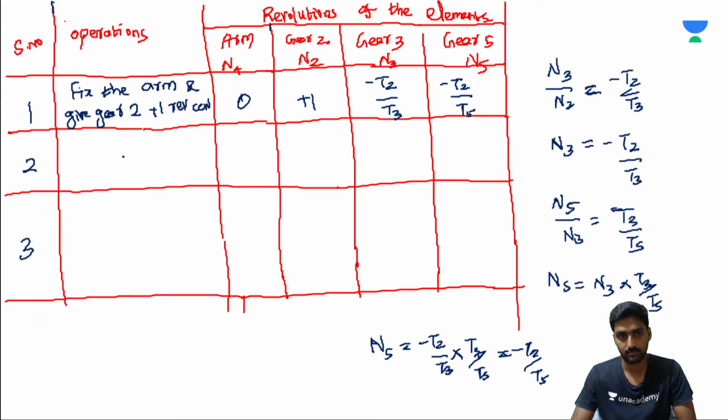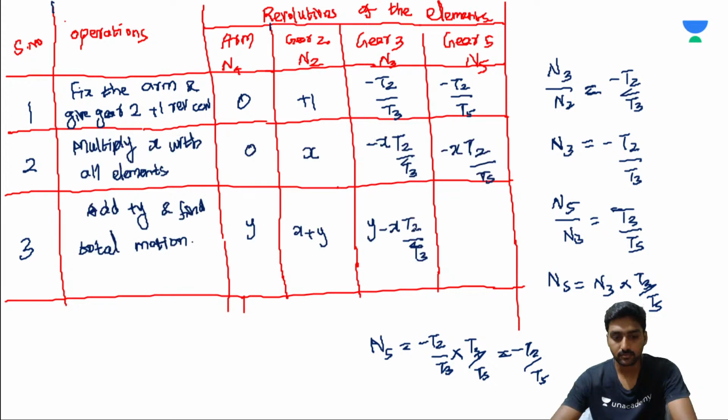Now it's y, x plus y, y minus x, T2 divided by T3. Is it clear now? Yes or no? Yes. Okay, fine.